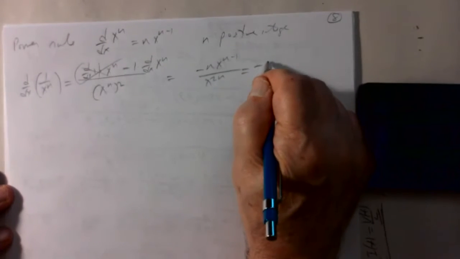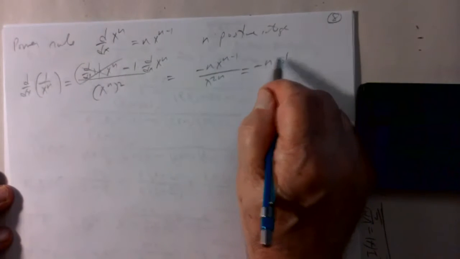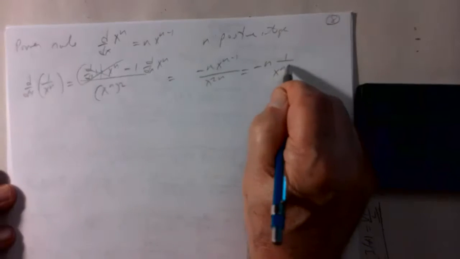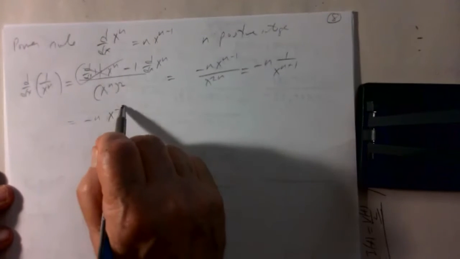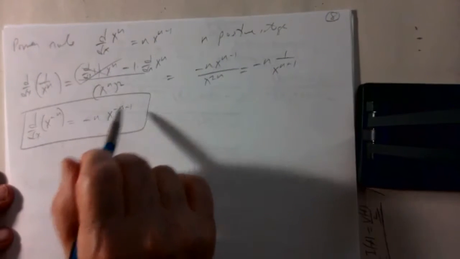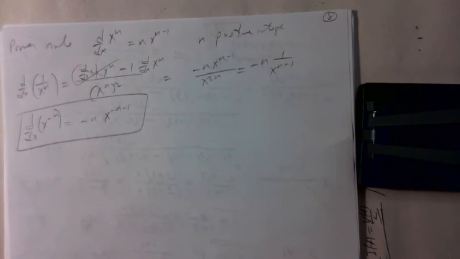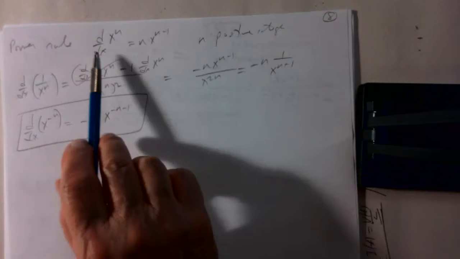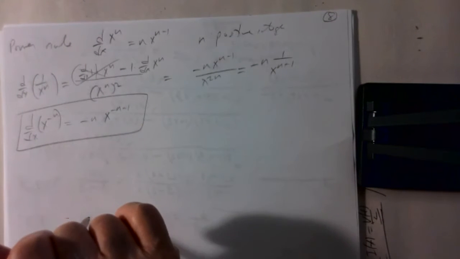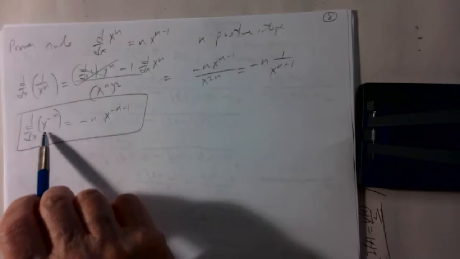That's minus n times 1 over x to the n plus 1, or minus n x to the minus n minus 1. So this says the derivative of x to the minus n is minus n x to the minus n minus 1. That's exactly this rule with n replaced by n minus 1. So if you actually just prove the power rule for positive integers from the quotient rule, we get the derivative of x to a negative integer.